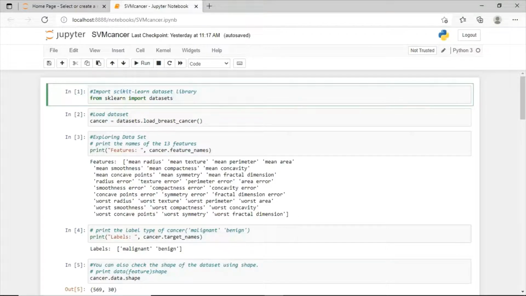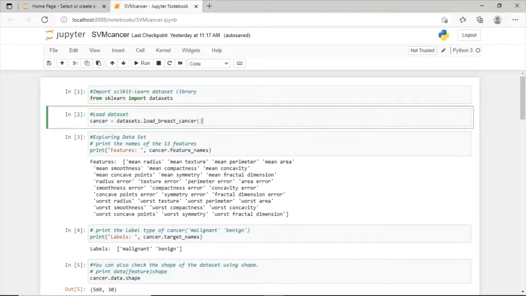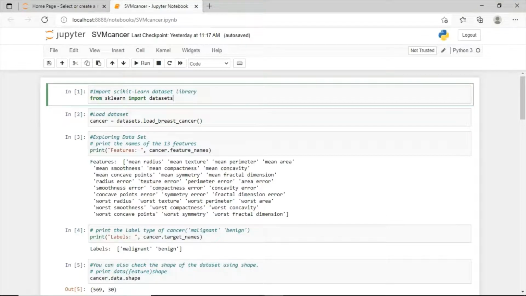However, you can download the dataset from an authentic repository, store it in the directory, and read it by using the read CSV concept. We have so many datasets defined inside sklearn, but this dataset is also available in the UCI machine learning repository, so you can directly download it.